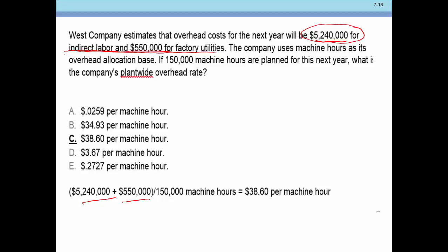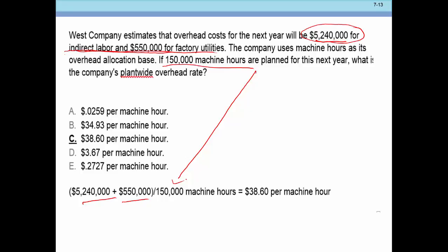And then they're not using direct labor hours here. They're using what? Machine hours is their allocation base. So they're coming up with a plant-wide base, aren't they? Okay, and you can see there's some potential distortion there because you're using machine hours as your base, and I'm not exactly sure that indirect labor relates to machine hours unless most of our indirect labor is being driven by maintenance workers or something that are jumping around from machine to machine.